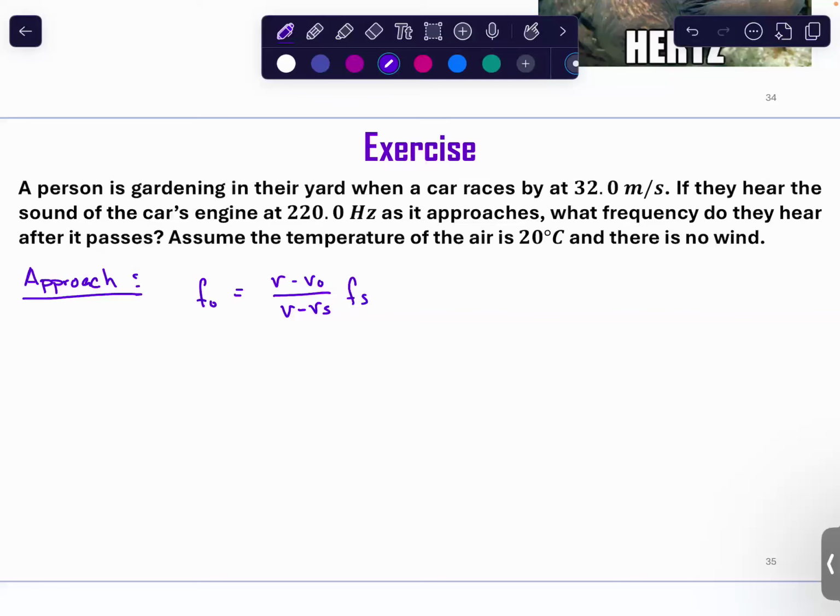Now we don't know the frequency of the source. The speed of the observer is 0, so we can take that out. So you have your 343 meters per second minus your 32.0 meters per second, the speed of the source, which we're going to leave as positive because they're getting closer to each other.